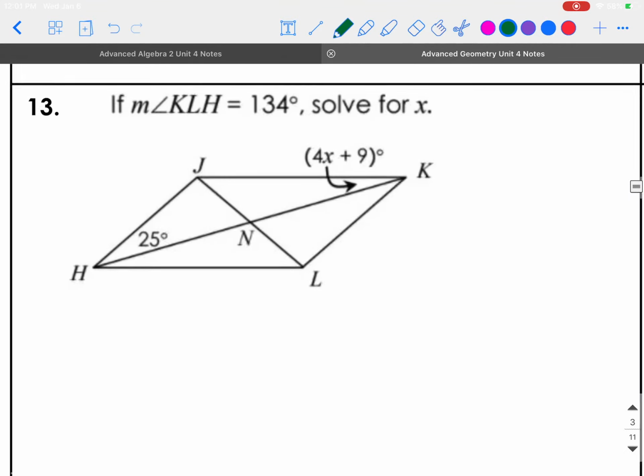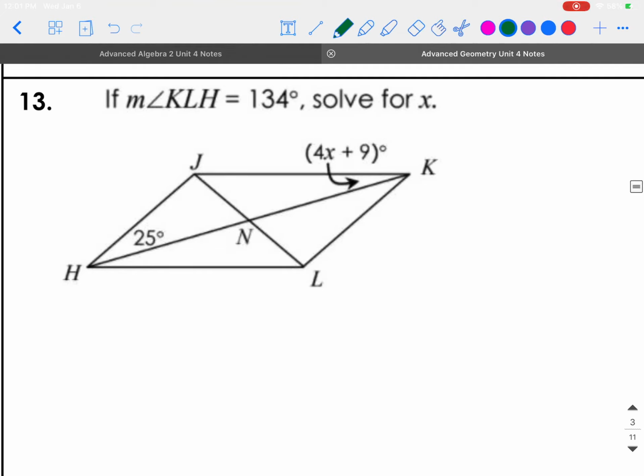All right, let's move on to 13. So first of all, 4x plus 9 is not equal to 25. Be careful there, because those two are equal, and these two are equal.